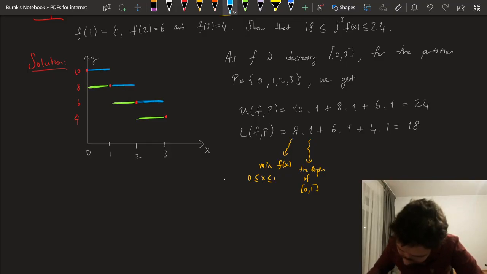Let me also write these down. This is the max of f over the interval 0, 1, and this is the width. Okay.